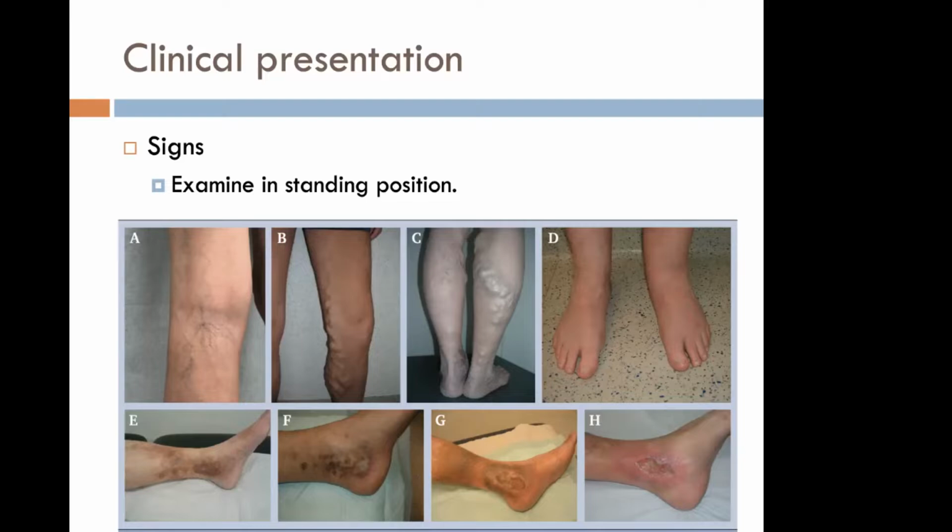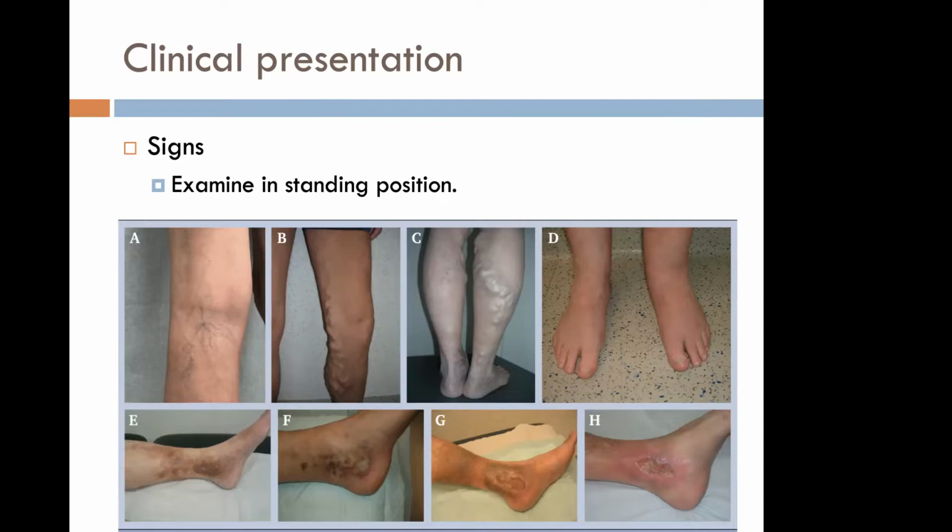And images B and C clearly depict varicose veins, which I think all of us are aware of. Picture D, that's a patient who's now got unilateral leg swelling on the left-hand side as a result of this. Then as you move on to the more severe disease, picture E, that's when they start developing these skin changes.